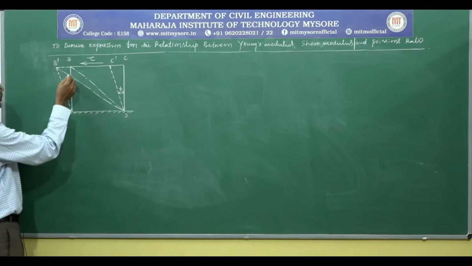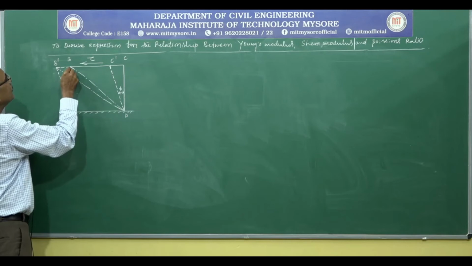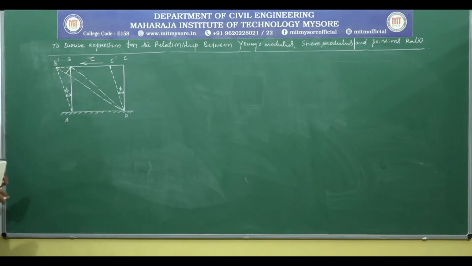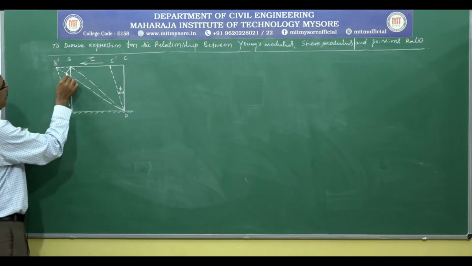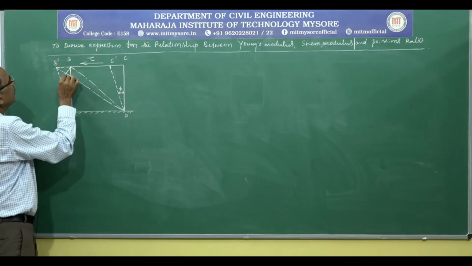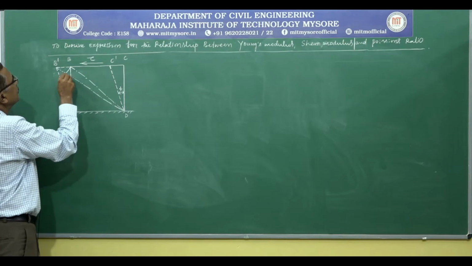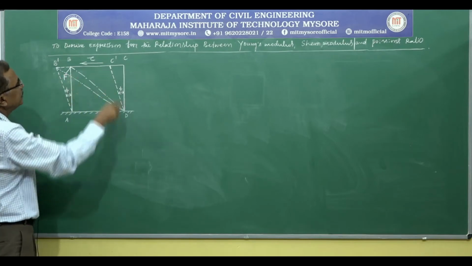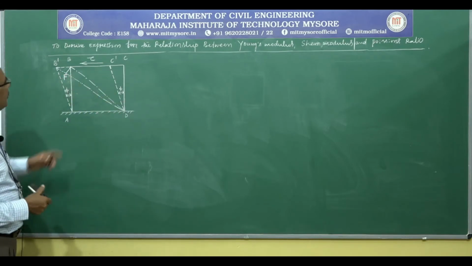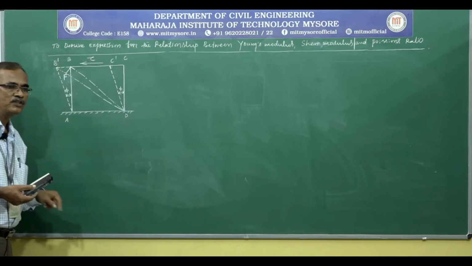Now let us drop a perpendicular to this new diagonal from B. Drop a perpendicular and designate the point of intersection with the new diagonal as point F. Instead of E, let us use F, because capital E we use for Young's modulus.